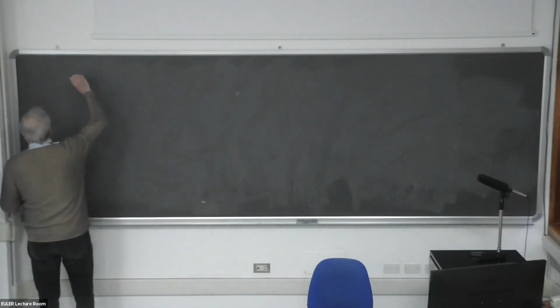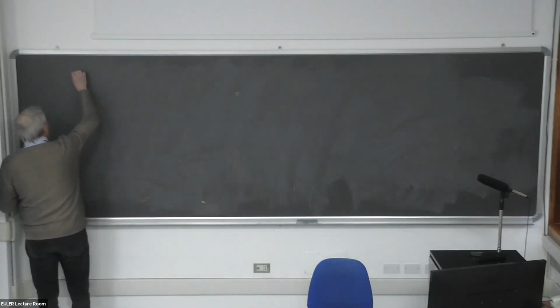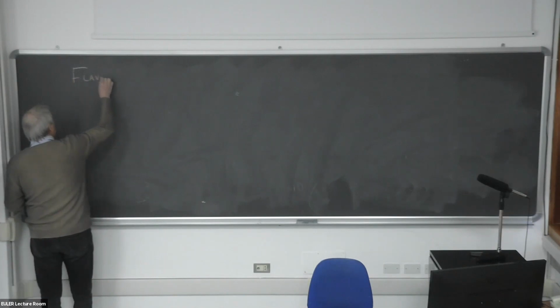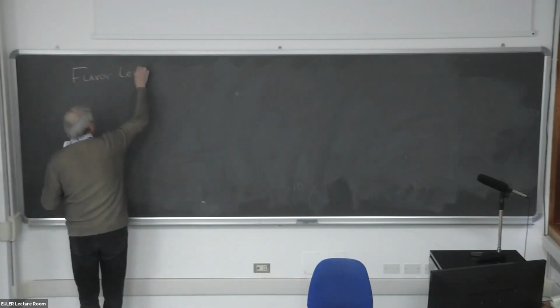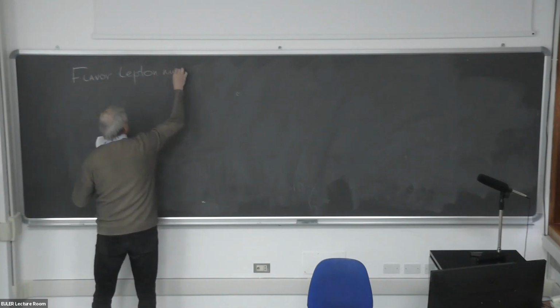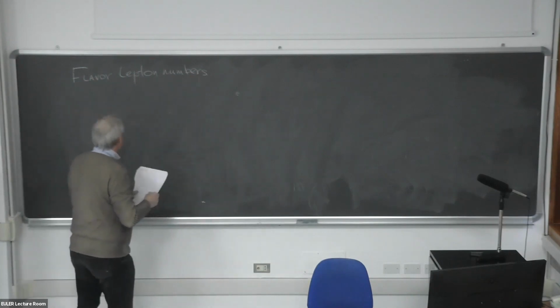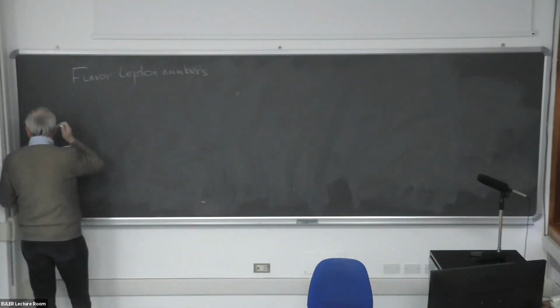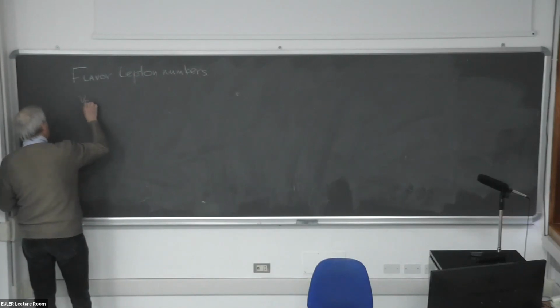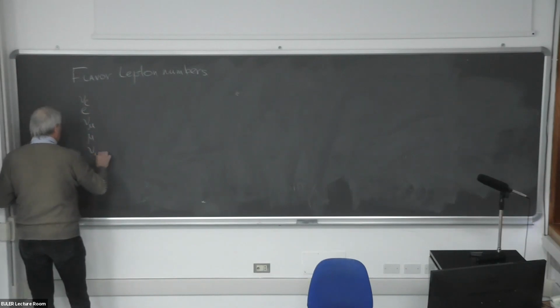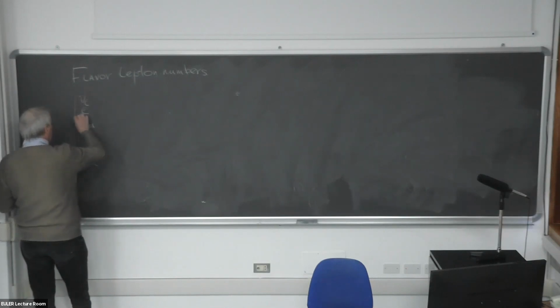So let me discuss now flavor lepton numbers. Remember we discussed electron, electron neutrino, muon, muon neutrino, nu tau, and tau, and probably I will discuss a little bit about tau neutrino discovery at the end of this lecture or maybe next lecture.